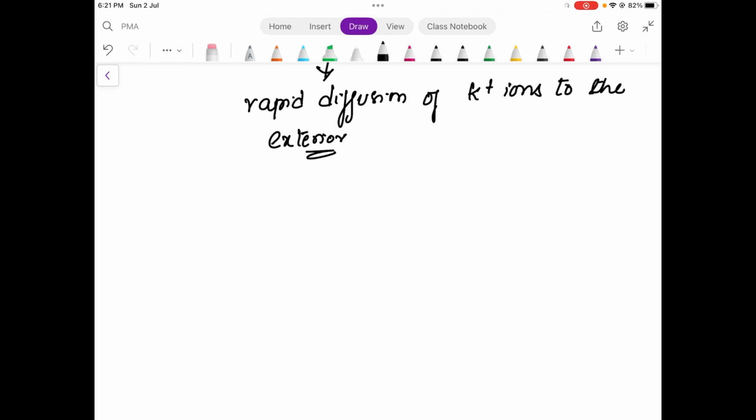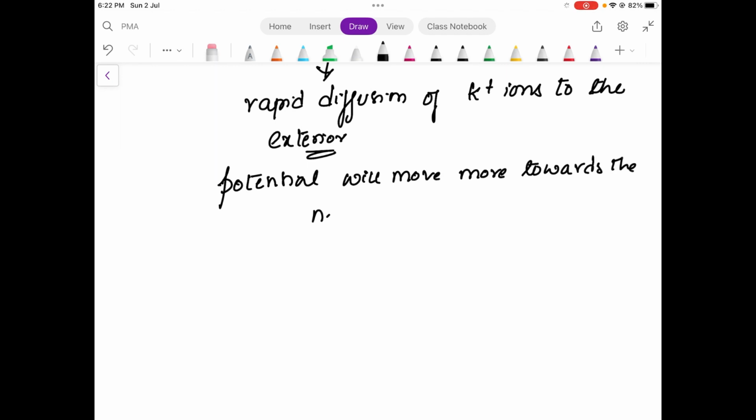And this movement of potassium ions from interior to the exterior causes repolarization. That is, the potential will move more towards the negative side.